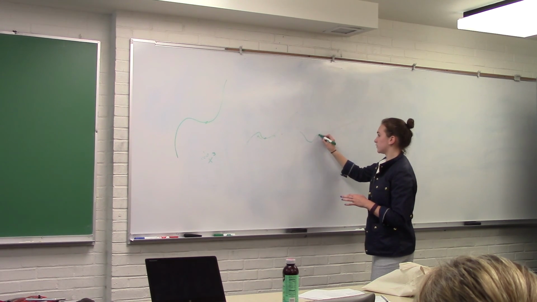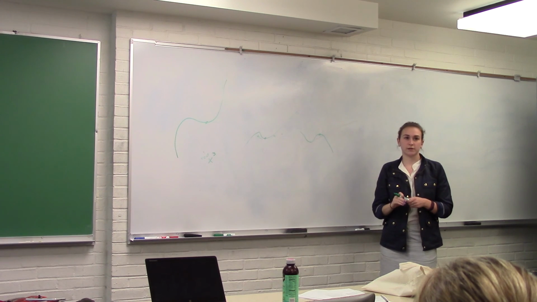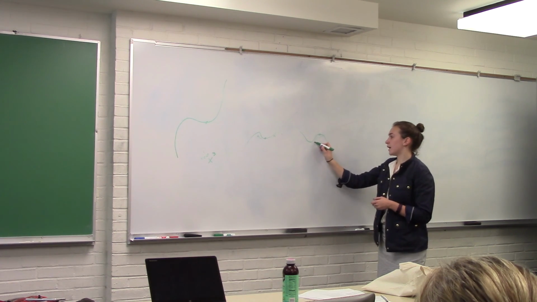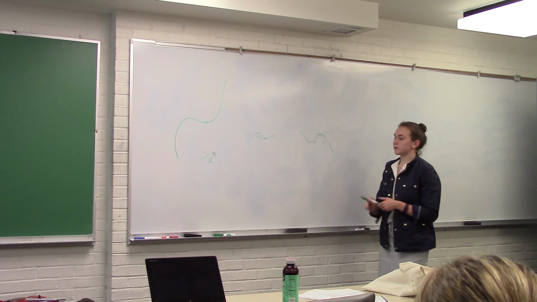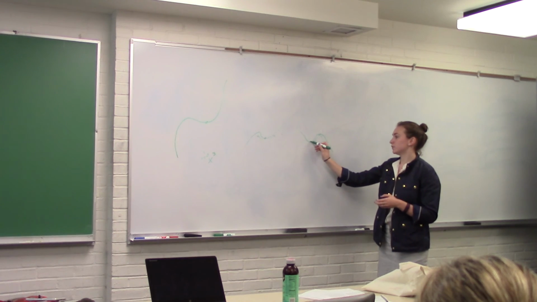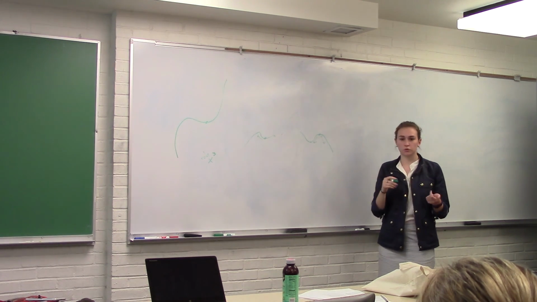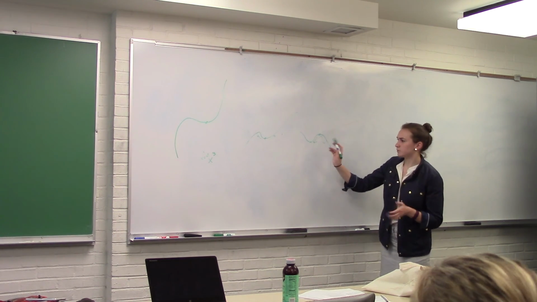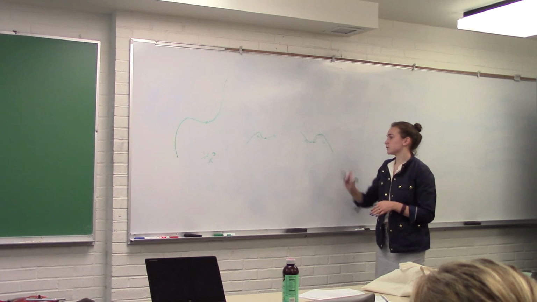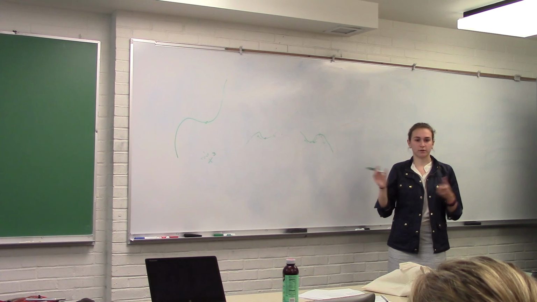And this would be the critical point now, which has an index of 1 because it decreases in both ways, and it's a non-degenerate critical point because it goes down in both directions. And then you also see, which is what I was talking about, that you can turn it into 2 critical points. So now you see another one. It might be a little off because of the flipping, but this would have an index of 0 because it increases in both ways. So that's the transition you can make.